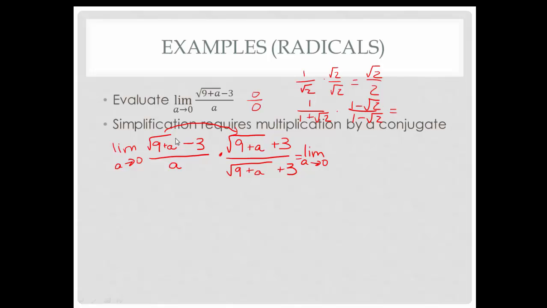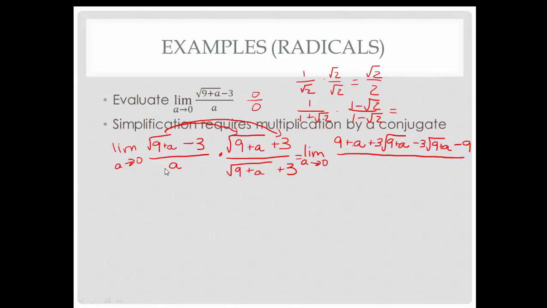You've got to FOIL up here in the numerator. So your firsts are the square root of 9 plus a times the square root of 9 plus a, also known as 9 plus a. Then we'll have plus 3 times the square root of 9 plus a, and then minus 3 times the square root of 9 plus a, and then minus 3 times 3, so minus 9, over.